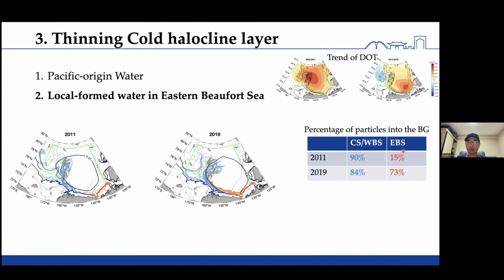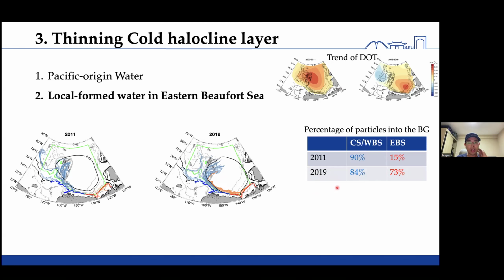But in 2019, the number for the Chukchi and western Beaufort decreased a little bit to 84%, while on the other side it increased dramatically, significantly, to 73%.